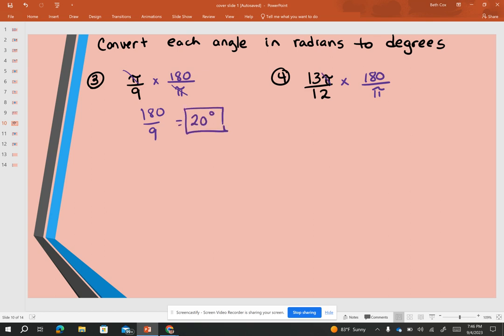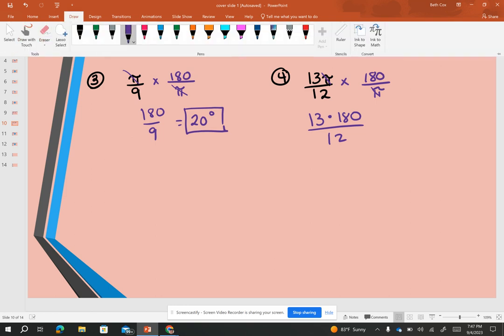This one, the pi's cancel, and I have to do 13 times 180 over 12. I might need to do a little fancy calculator work on this one. I can reduce 180 over 12. This one I can simplify by 6. I can do both of them by 6. Let me put a little color in here to help you out.